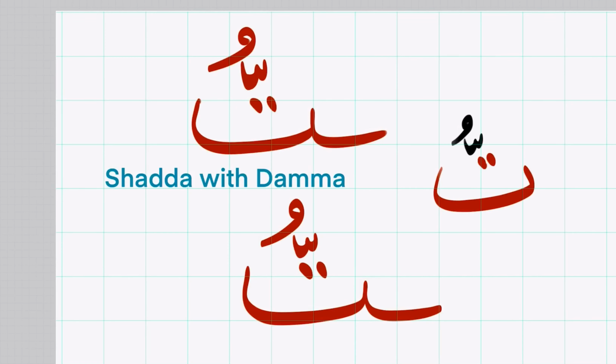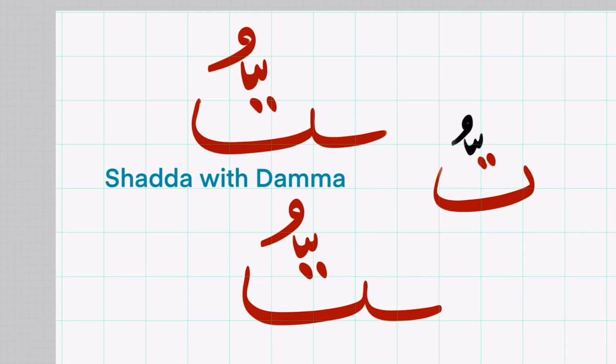The next style of shadda is shadda with kasra. How should it look like when the ta is on its own, with a shadda with kasra, when the ta is in the middle of a word, when the ta is at the end of a word connected to a letter before it. Pause the video, try to guess on your own, practice.